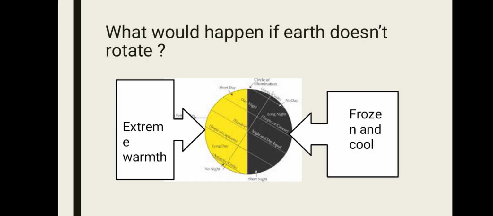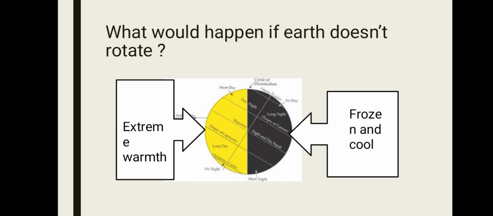But if the earth stopped rotating, what will happen? The portion of the earth facing the sun will continuously face the heat of the sun, and the other portion at the back will be in darkness.